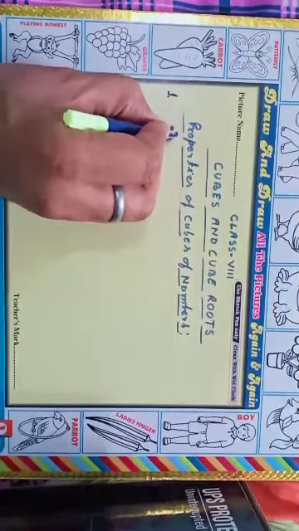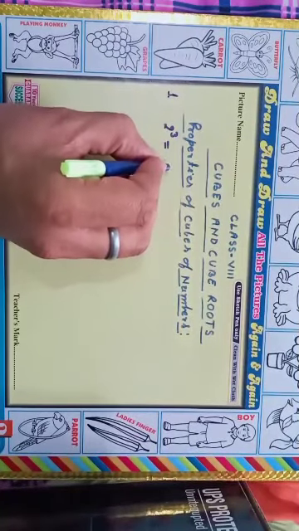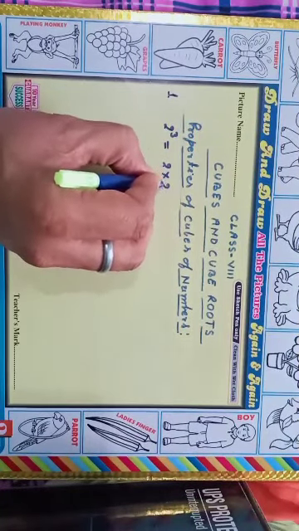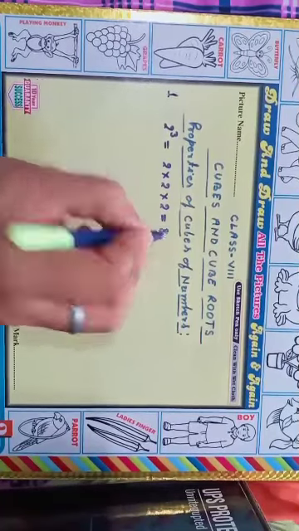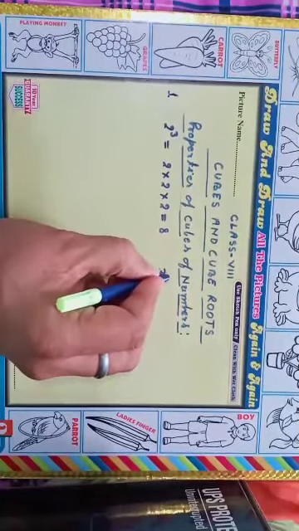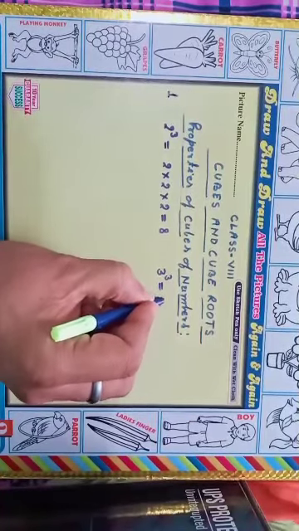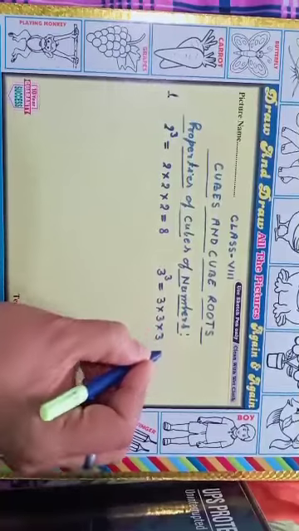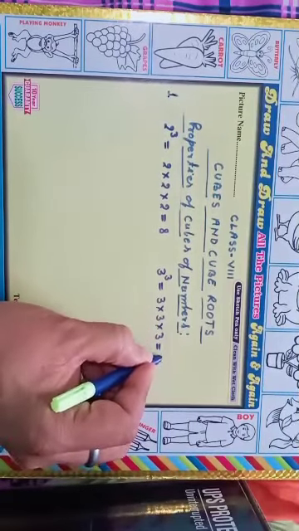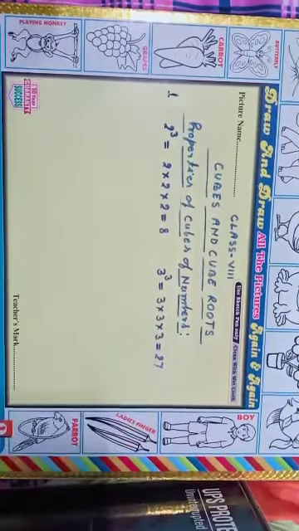2 cube: this value is 2 multiplied by 2 multiplied by 2. Its value is 8. 3 cube: 3 multiplied by 3 multiplied by 3. Its value is 27.